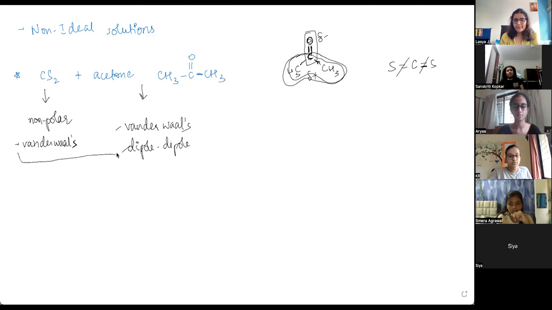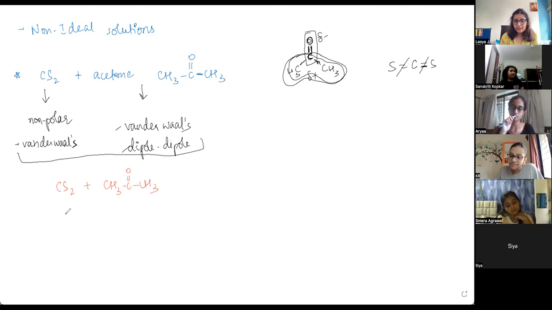Now, when both of them are in a mixture, if you have carbon disulphide and an acetone molecule interacting, apart from their regular van der Waals interactions that they have by default, because both molecules have them, additionally you're going to have dipole-induced dipole interactions.